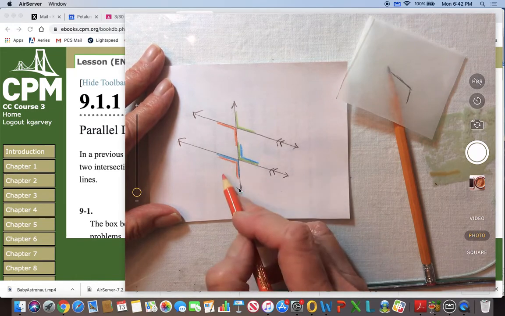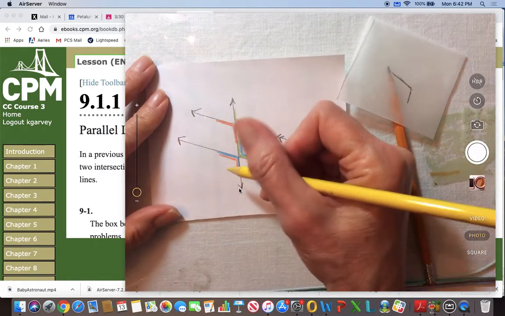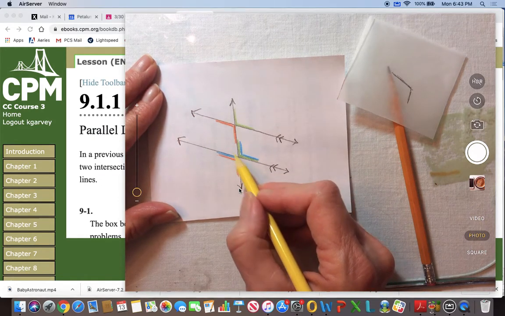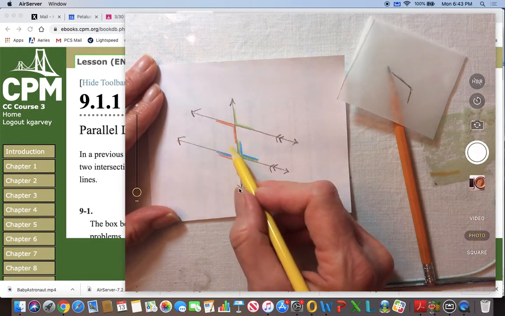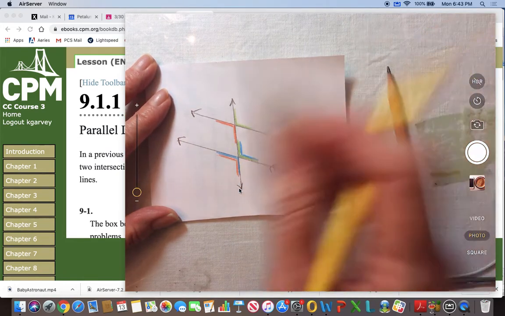And I think now that we've got this colored in a little, you're probably starting to notice that there may be some different size angle that also has pairs. So for instance, this one right here.